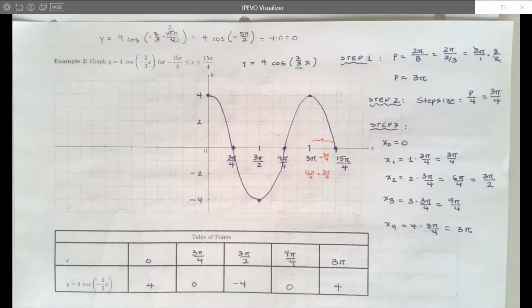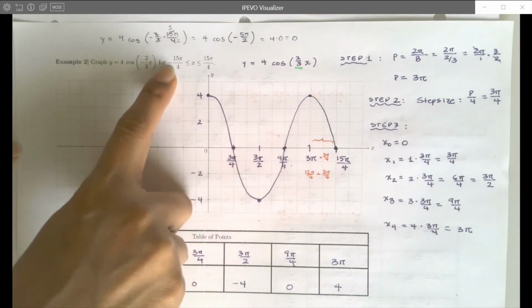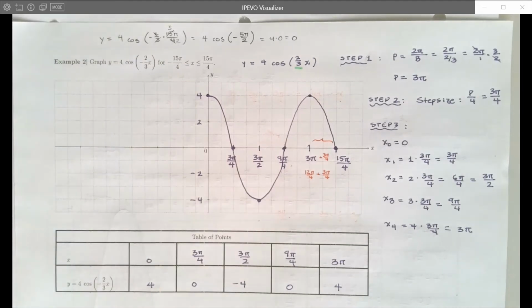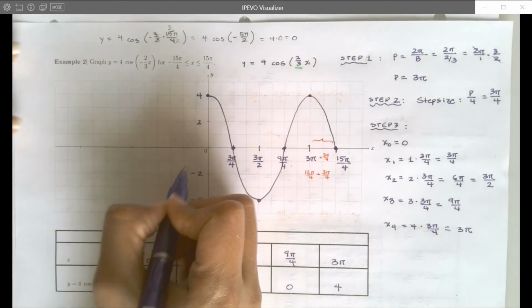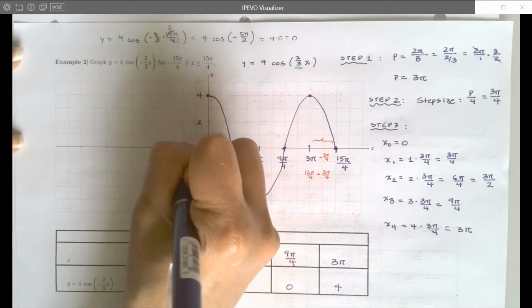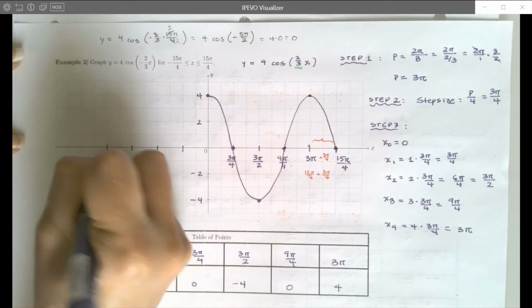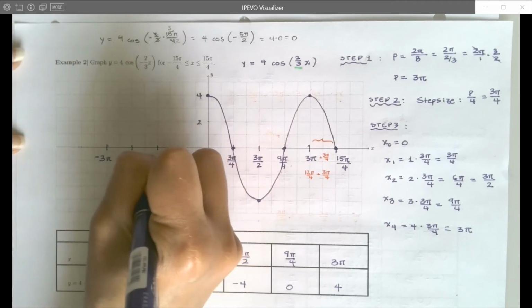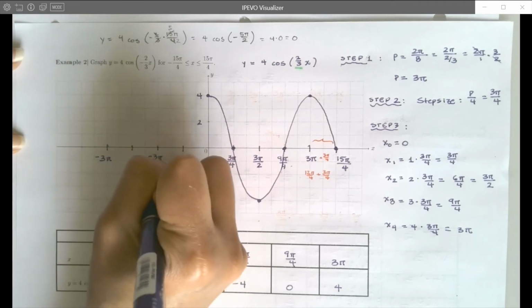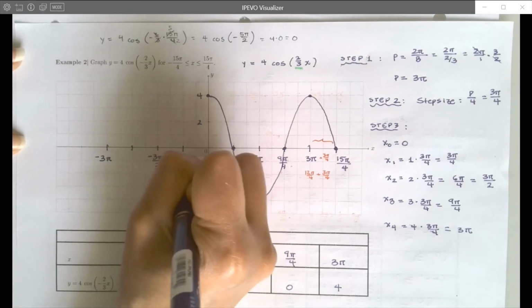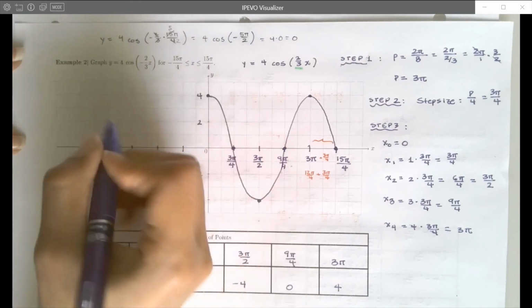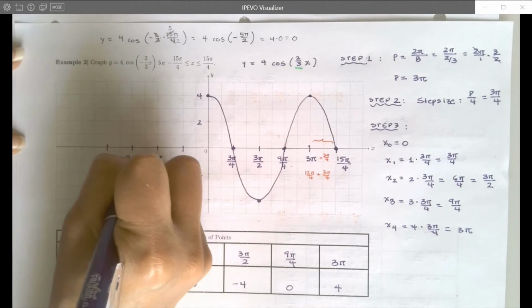Okay, what do we do beyond that? Because we still need to extend to -15 pi over 4. Well, first things first, let's go ahead and label the tick marks. So 1, 2, 3, and 4. This is going to be -3 pi. This is going to be -3 pi over 2. This will be -3 pi over 4. And this will be -9 pi over 4.